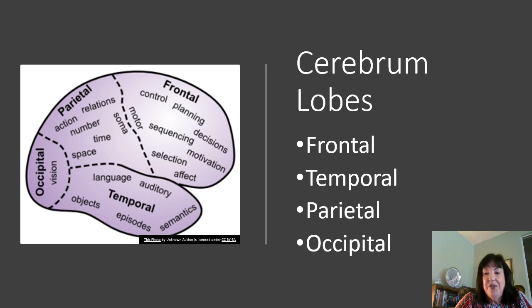The reason for the damage at this point for our understanding of things is we're just looking at what areas have what function, and then later when we start looking at different disorders, we'll recognize that if someone has damage in a particular area, we would expect that they might have some deficits in this kind of function. So frontal lobes are extremely important.